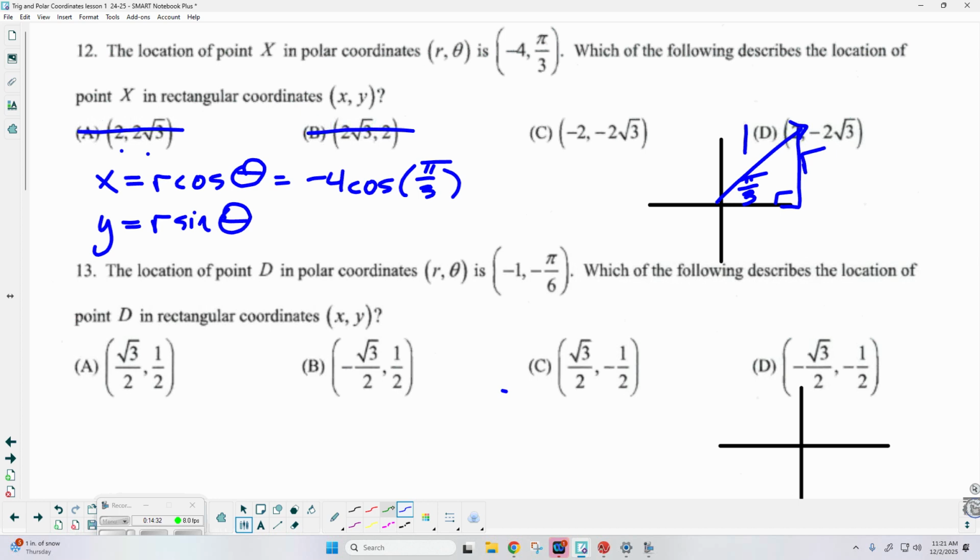Root 3 over 2. And across from 30 was 1/2. So the cosine of pi over 3, that's a 1/2. Negative 4 times 1/2, see, there's your negative 2. And if I were to go ahead and simplify negative 4 sine of pi over 3, I should be getting negative 2 root 3 as well.